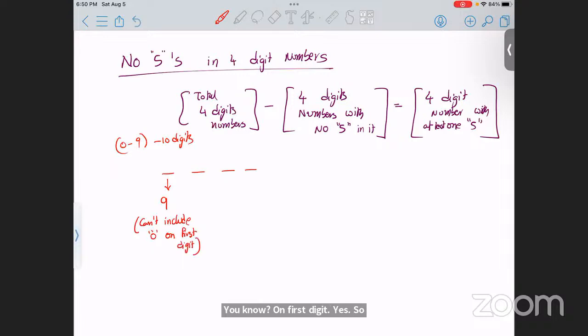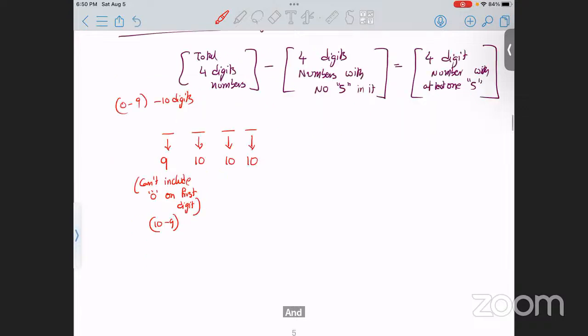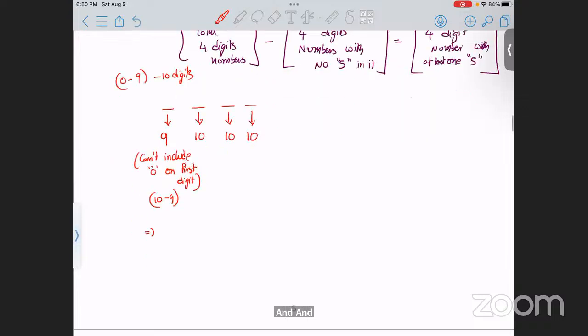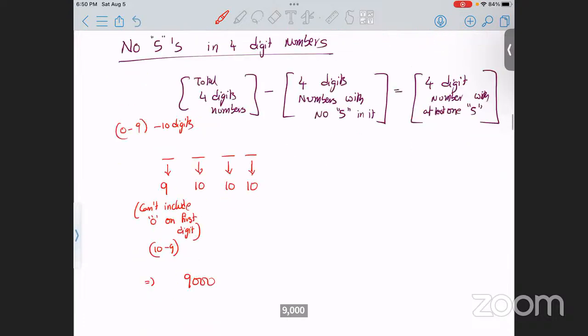So it is 10 minus 1, only 9 are possible. On the second digit, 10 are possible. On the third digit, 10. On the fourth digit, 10. So that equals 9,000.